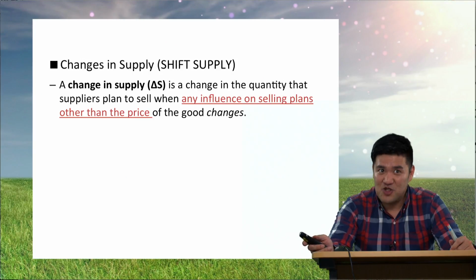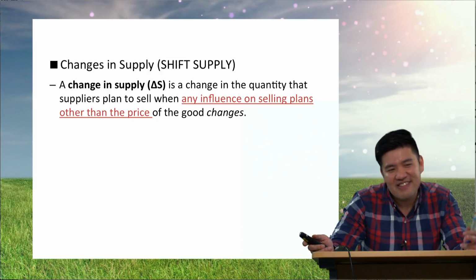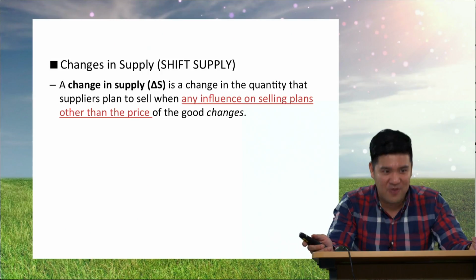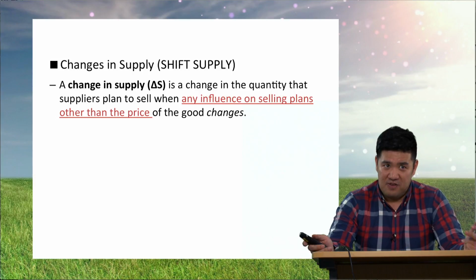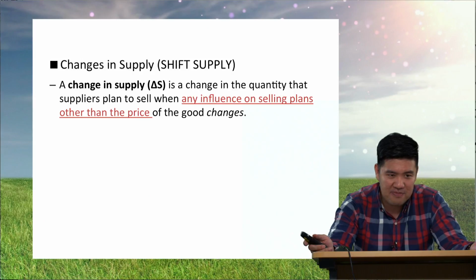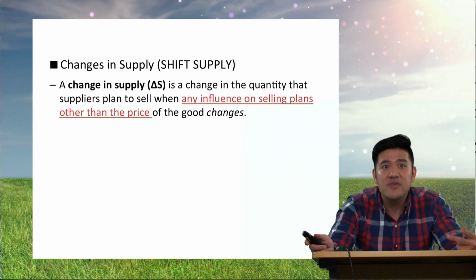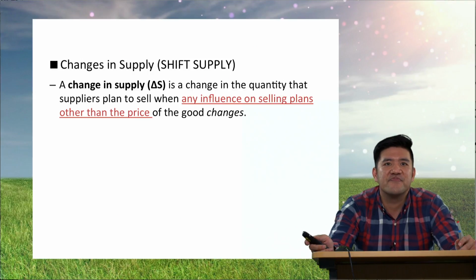Now we are going to start shifting. Okay? And you got the idea already, guys. What is changing here when you want to start shifting, guys? Not the price, Tommy. Other factors changing, you shift. You have seen that in the case of demand, right? So same principle here. Other factors, not the price, changing, you shift the supply curve.